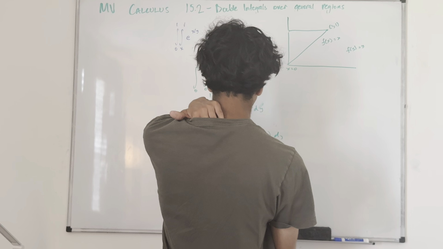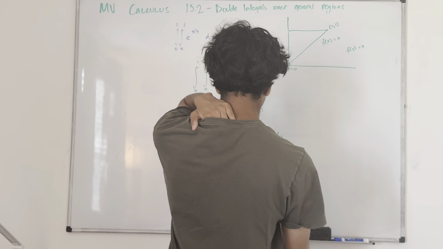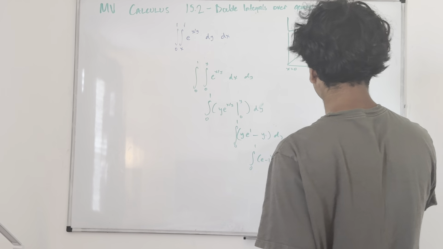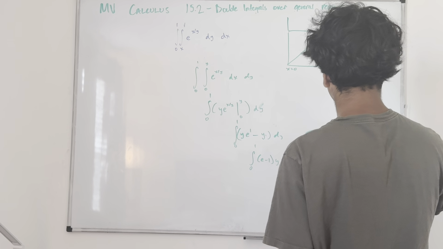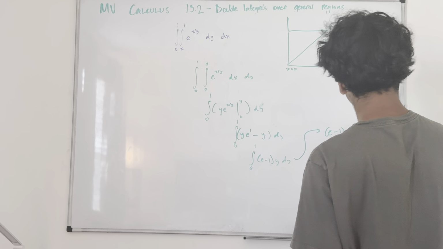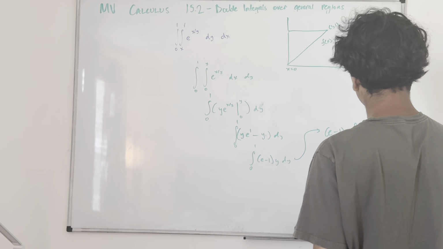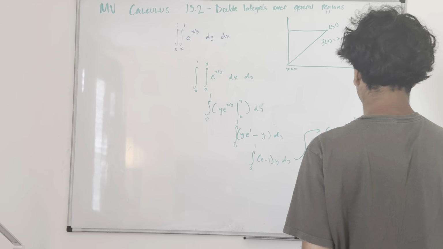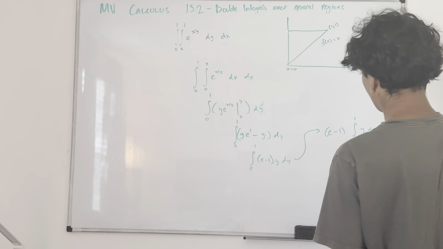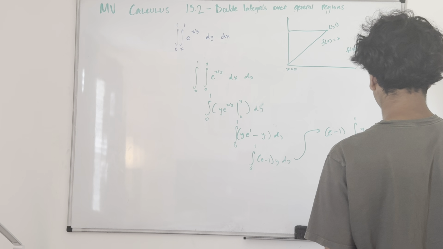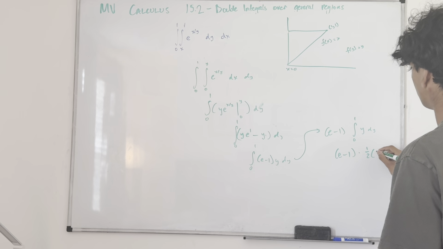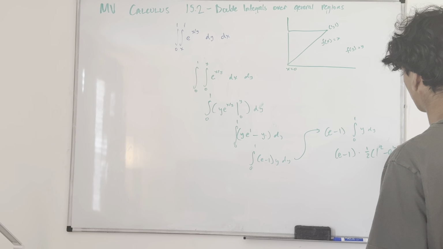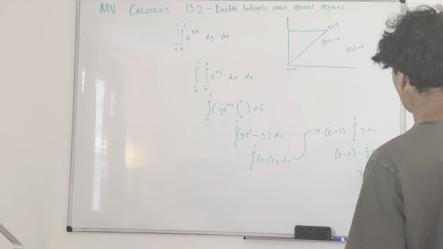If I want to be fancy, I can factor out the e minus 1 term and pull it out of the integral. So integral 0 to 1 of y dy, times e minus 1. Well, it's y squared over 2, which is 1 squared minus 0 squared, and I get 1/2 times e minus 1.